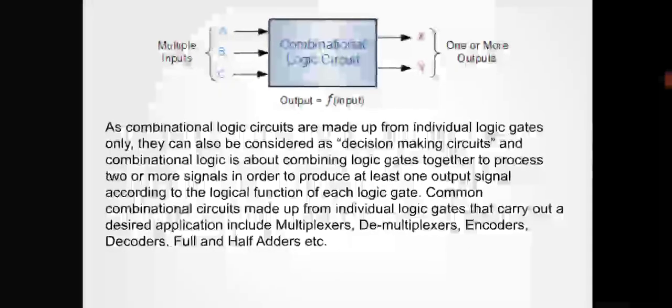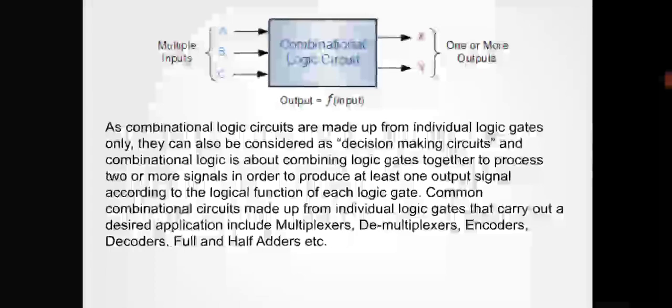So if x is something and y is something, what can you expect after putting some operations? If both the inputs are 0 and you are multiplying those two inputs, then definitely you will know the output will be 0. Such kind of decision making capacity your circuits will have. That is why they can be said to be decision making circuits.